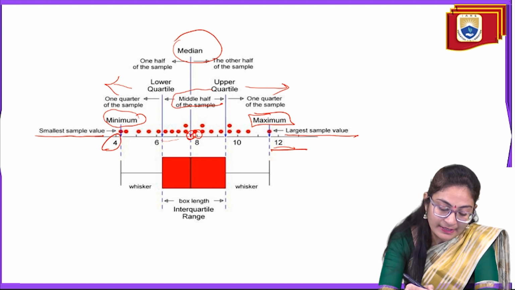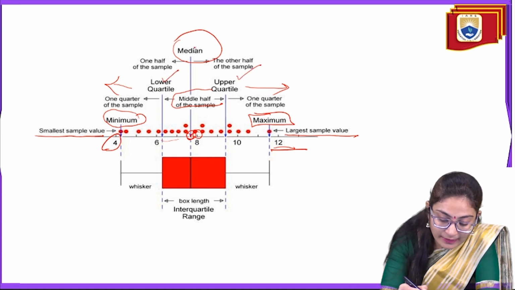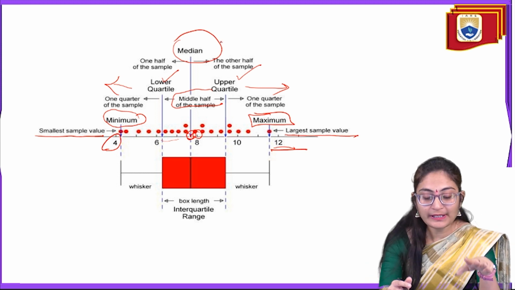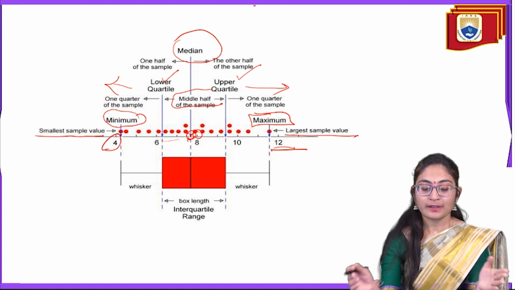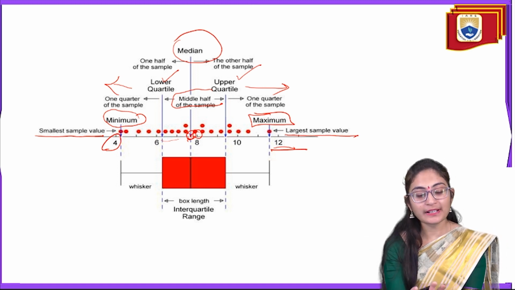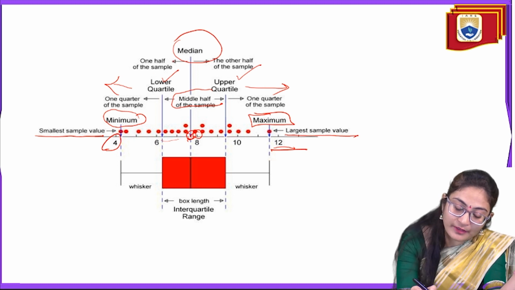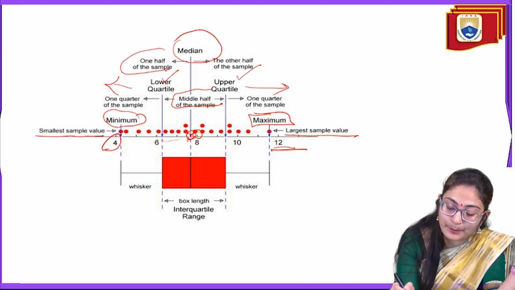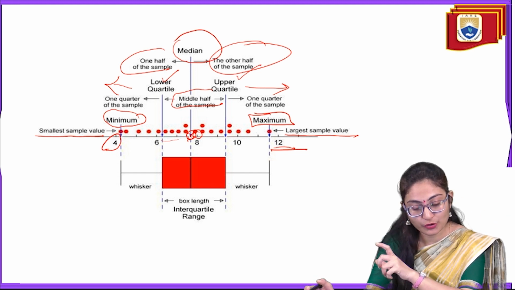Then this is your lower quartile and this is your upper quartile. And once you get the median value, you get two half portions: one is 1/2 of the sample and the other is the other half of the sample.